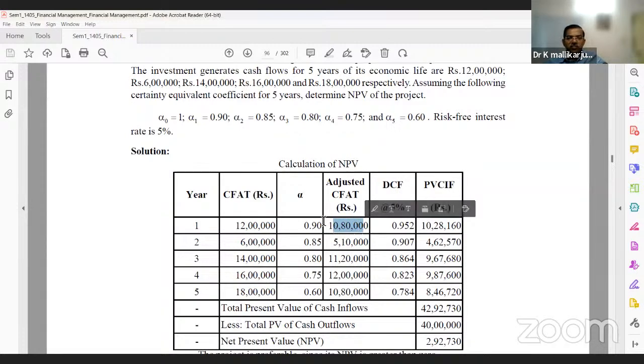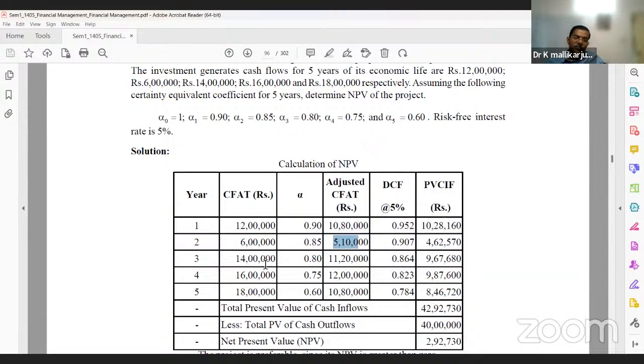So this is called the certainty equivalent value. 12 lakhs is good, but in the worst case the firm may get at least 10,80,000 rupees. They estimated 6 lakhs, but in the worst case the firm may get 85% of the amount, that is 5,10,000 rupees.